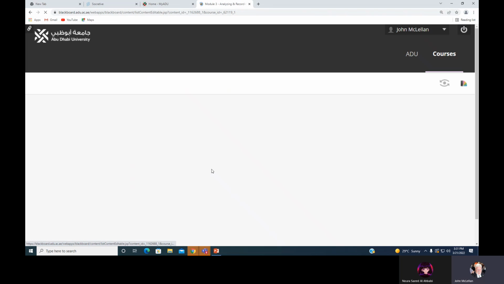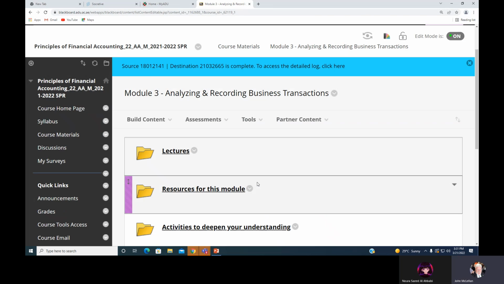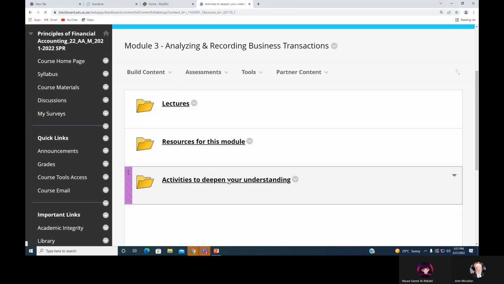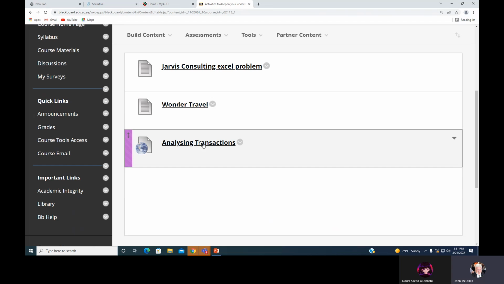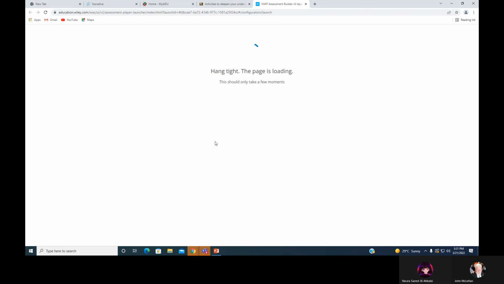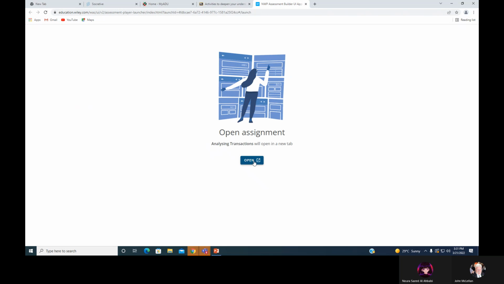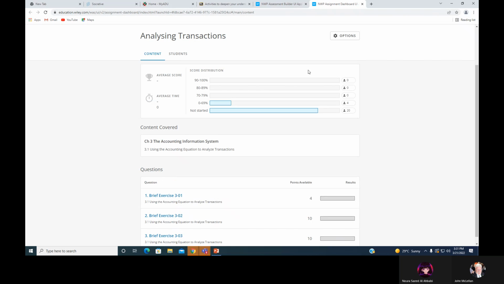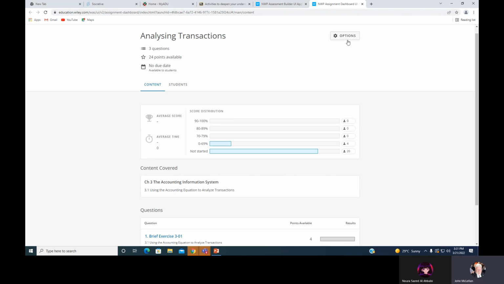Module 3, analyzing transactions. Okay, who wants to? Oops.